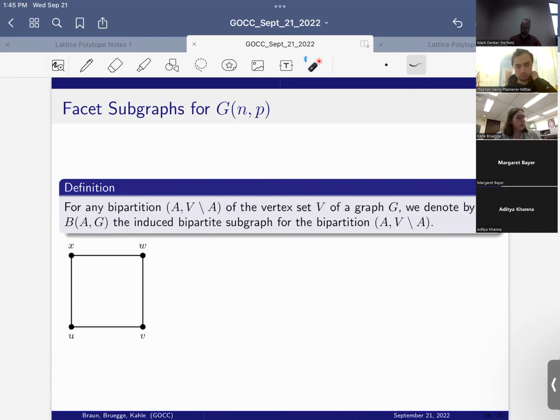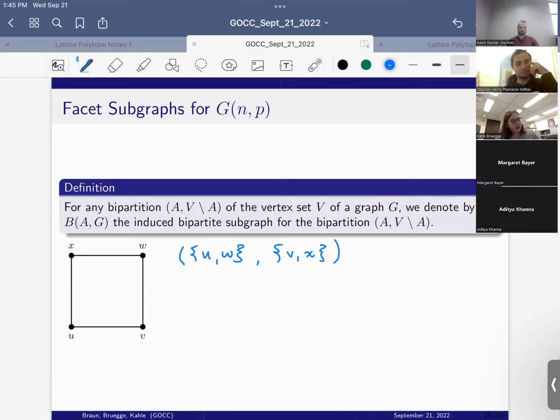For example, if we take this 4-cycle and partition the vertices into U and W, and V and X, we take one of the shores to be U and W, and the other shore to be V and X. We include an edge in this induced bipartite subgraph if it is an edge in the original graph that goes between the shores.